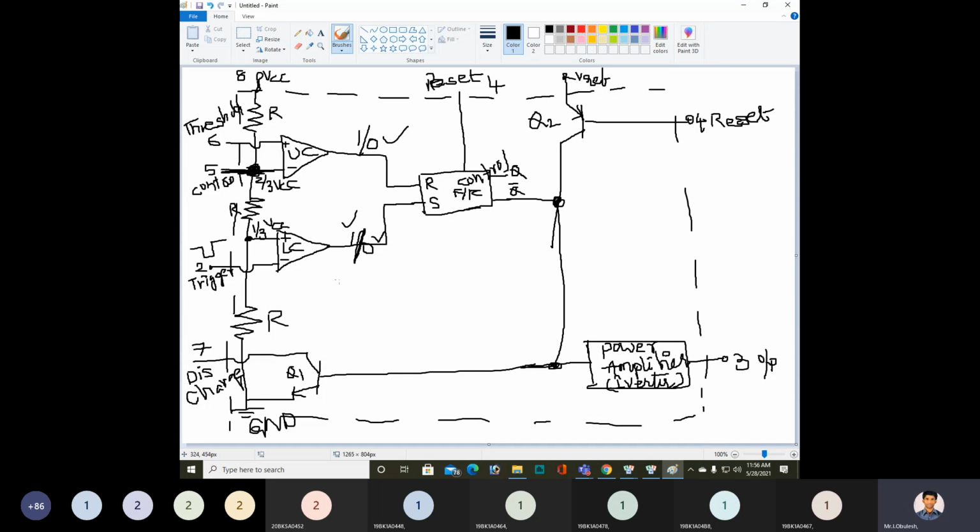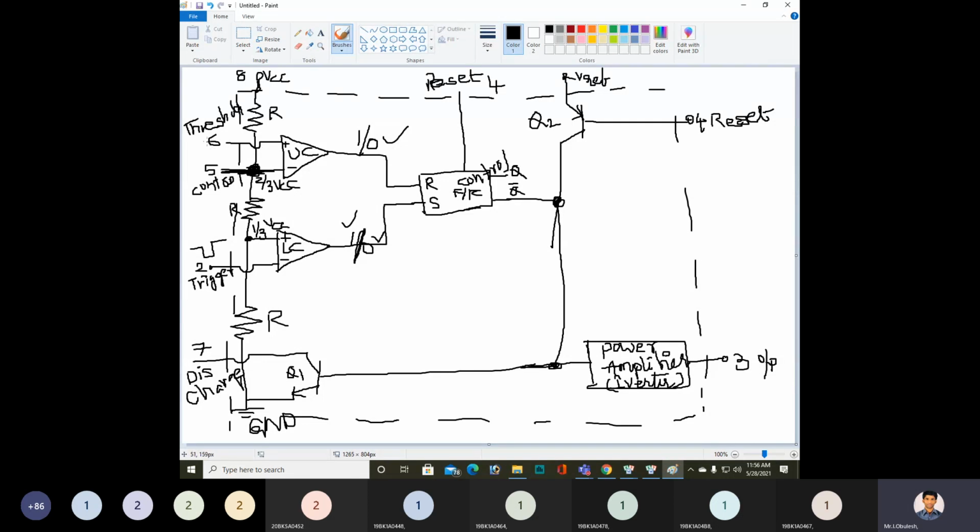Next, see here, for the upper comparator, you need to see. Let us assume the threshold voltage. Here we are applying threshold voltage through pin number 6, right?